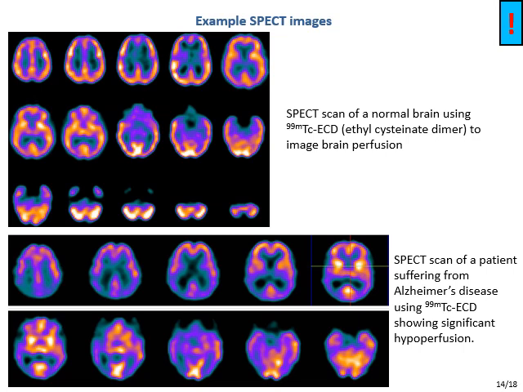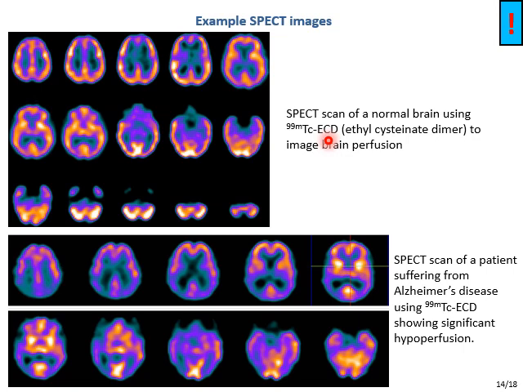In this image, I would like to show you a couple of example image series for what can be achieved with SPECT images. In the upper part of the figure, you can see horizontal sections of the human brain, which has been labeled by this radiopharmaceutical. You don't have to know the name because that's not important for you right now.